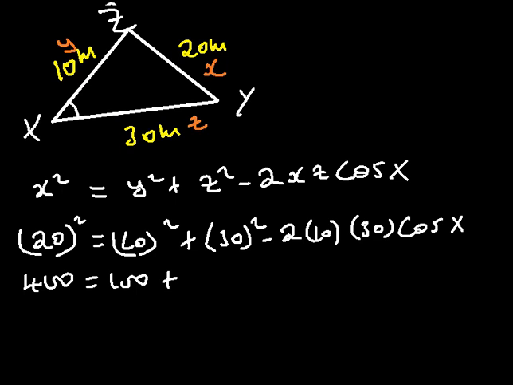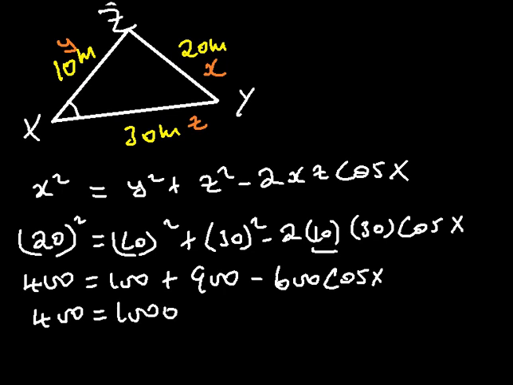That is 900, minus 300 times 2, that is 600, cos of X, like that. So what is the sum of this? We have it as 1000. So have 400 is equal to 1000 minus 600 cos of X.